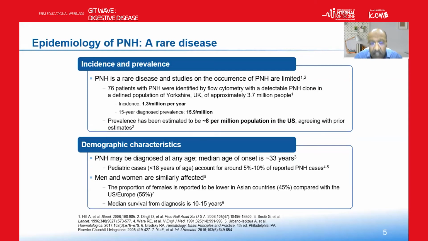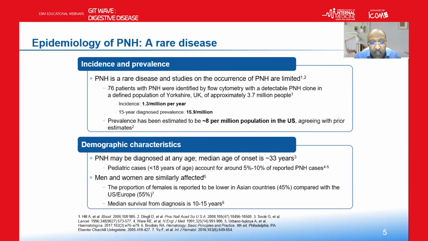For example, in a study done in Yorkshire in the UK, where Leeds, the capital of Yorkshire, has a big PNH center led by Professor Peter Hillmen, who is one of the big figures in PNH, they found only 79 patients with PNH among a population of 3.7 million.